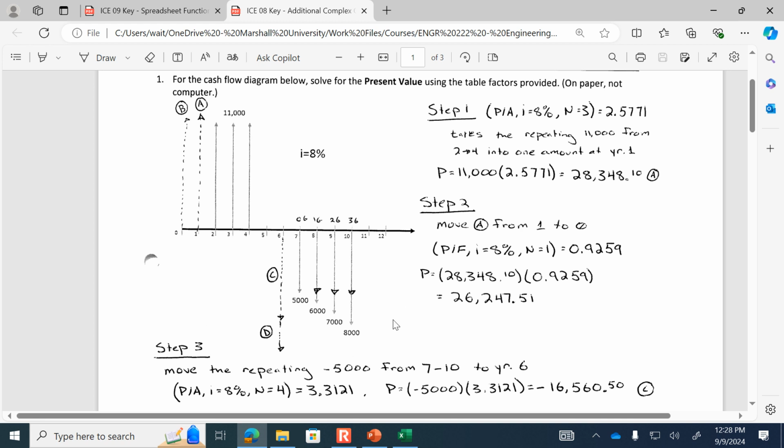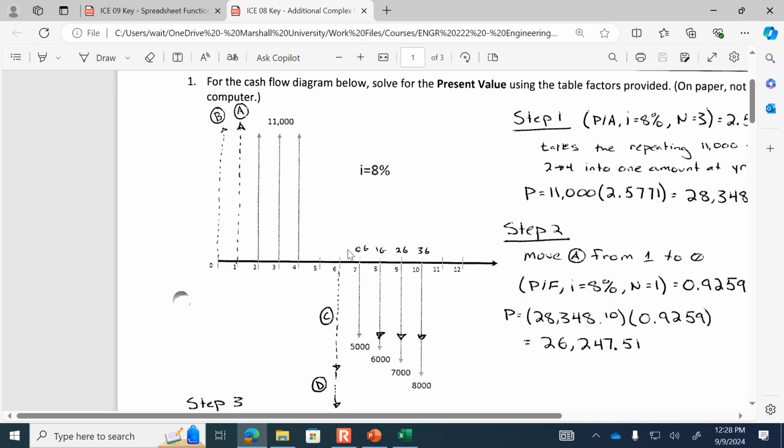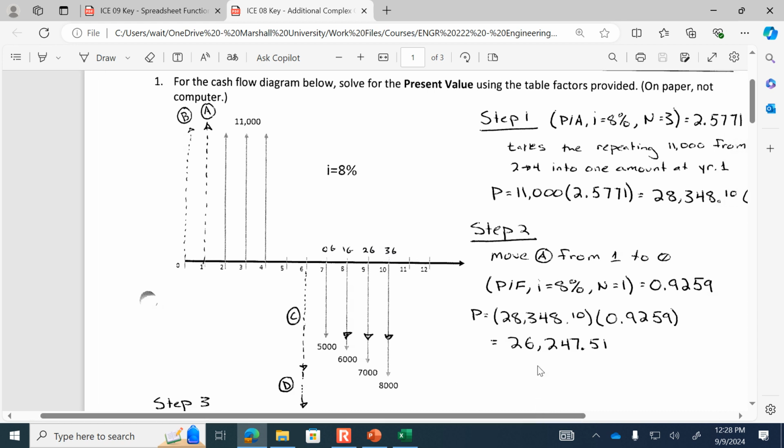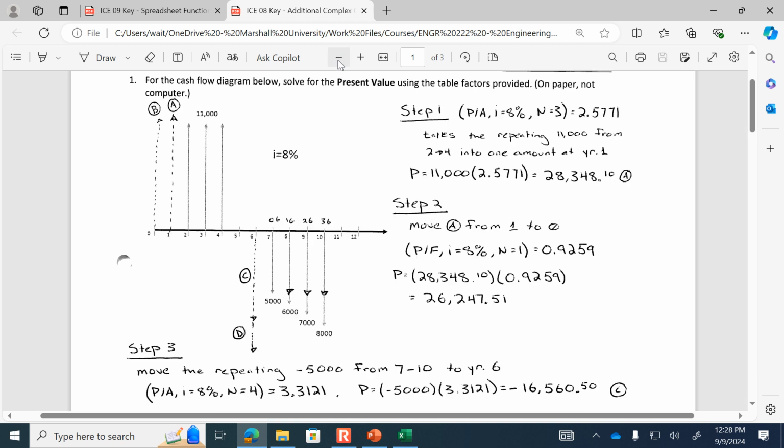Now, the bottom half of the cash flow diagram is a little more complicated. You can see I've labeled it as here's 0G, 1G, 2G, 3G, just to kind of remind myself of the form of a gradient.